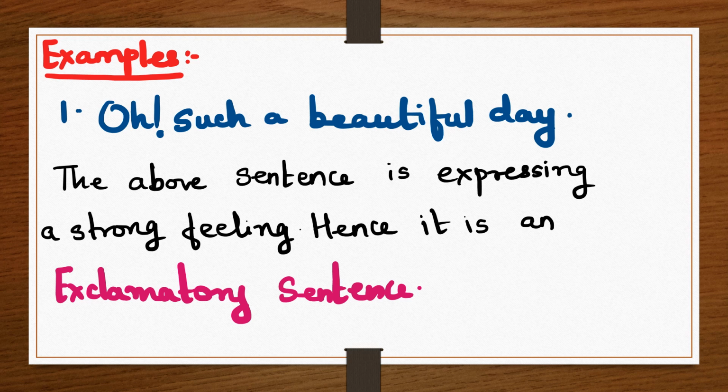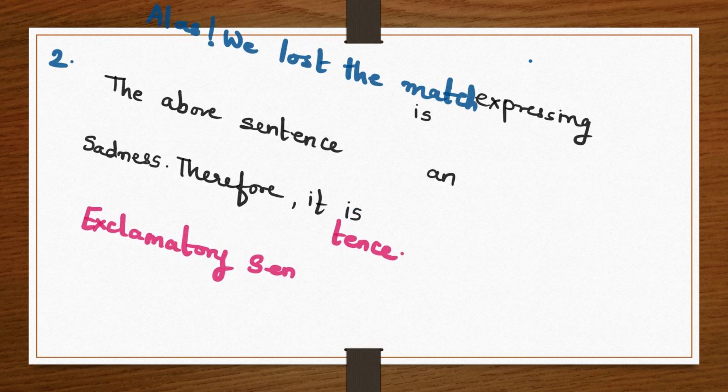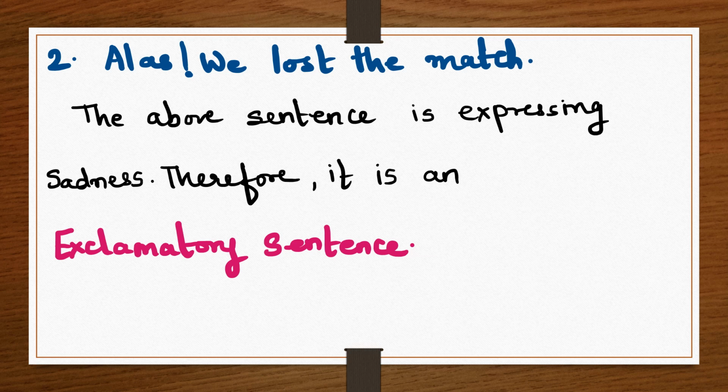And that is why this is an exclamatory sentence. Let us take another example. Alas, we lost the match. So here the word alas is expressing sadness that we lost the match. Therefore, it is an exclamatory sentence.